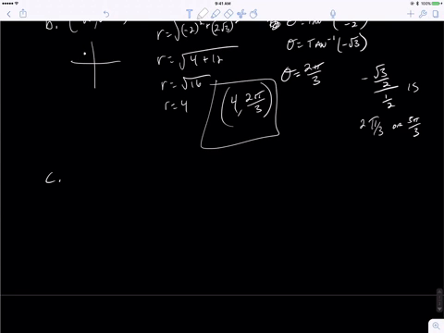Okay, for C, it is (0, 8). So that's right there. And so I don't think we need the formulas on this guy, right? That length is 8. And the angle that it rotated would be pi over 2.